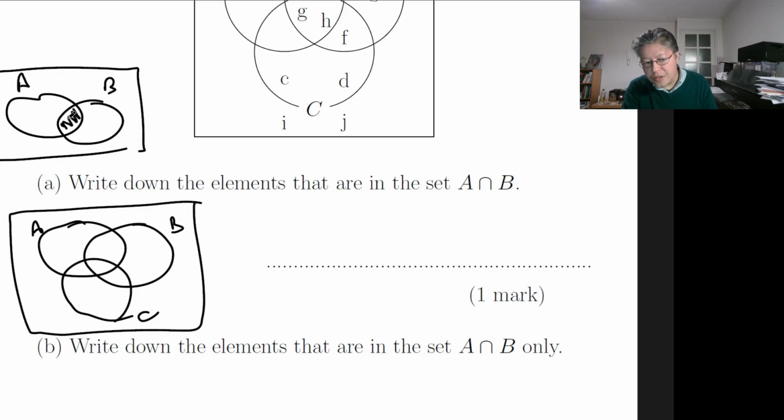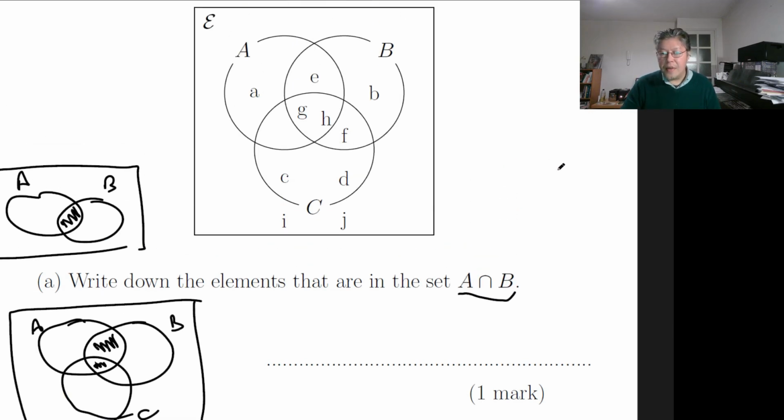It has just one region, and it's still the same on the triple. But it now consists of 2 bits, because you've got the A and B only bit, but there's also the intersection with C. So the A and B is still the same, but it's just split into 2 bits. So the set A and B will be E and also G and H. It's all of that. E, G and H.